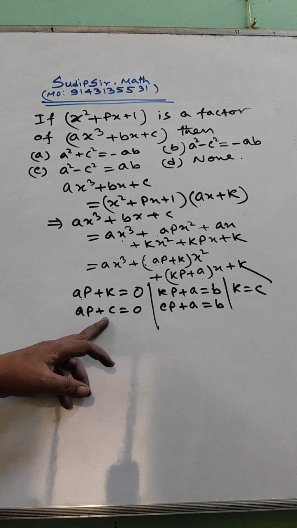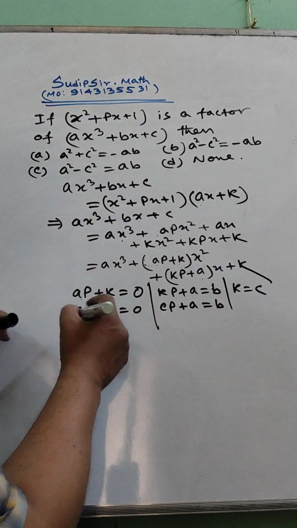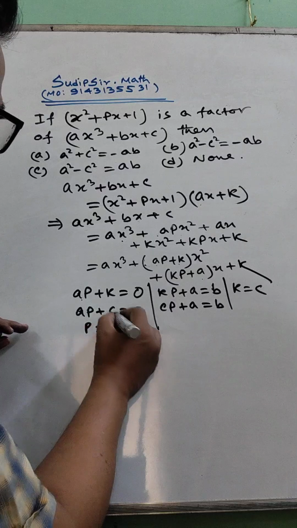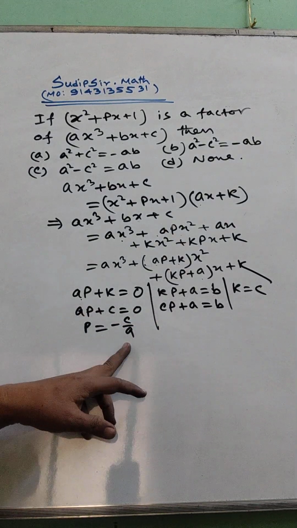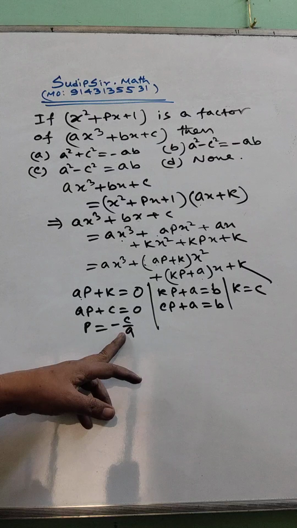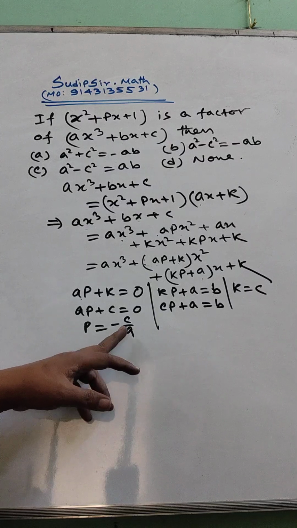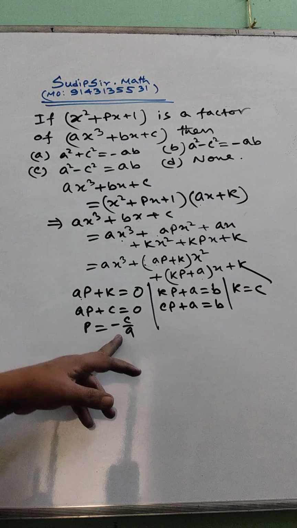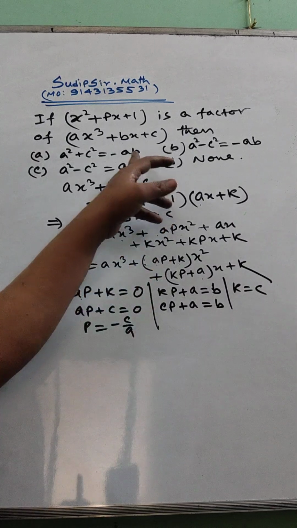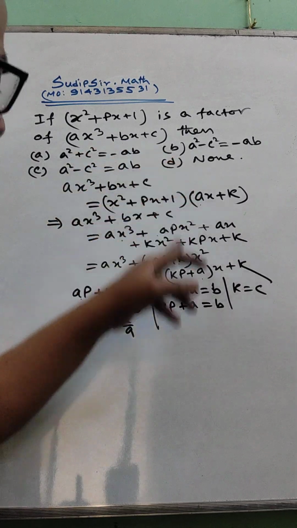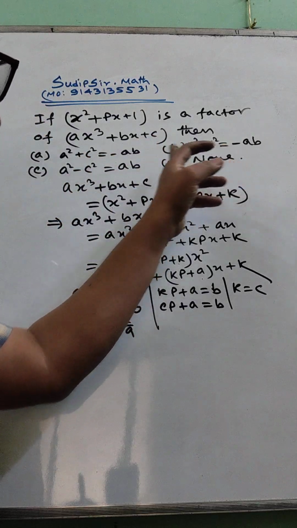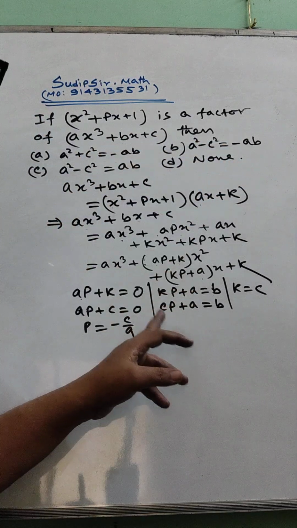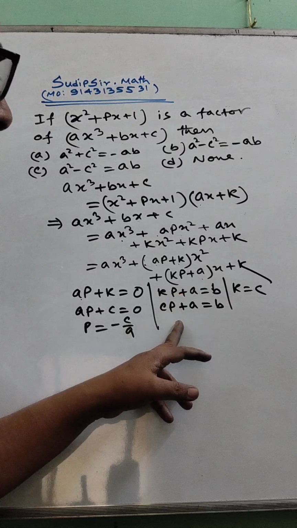Now from this we can get p equal to minus c by a, because we require the condition without p. See, these conditions are without p, that's why we will replace this p here.